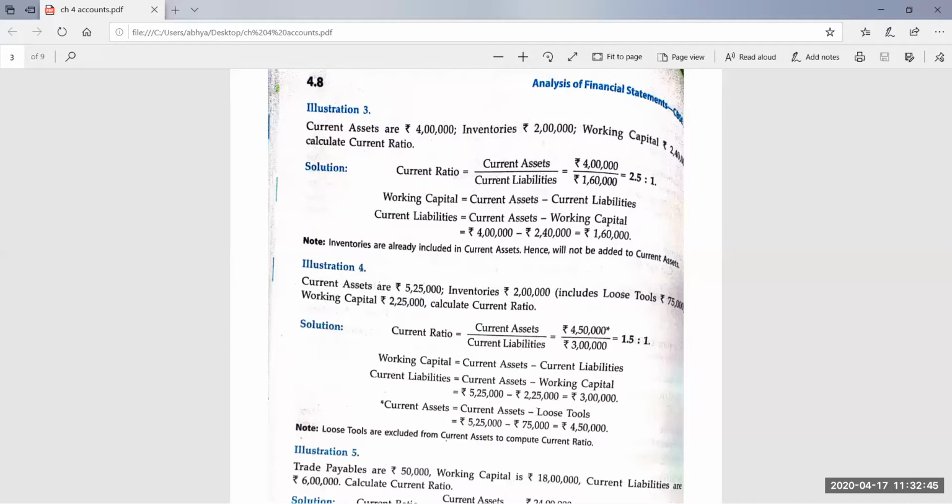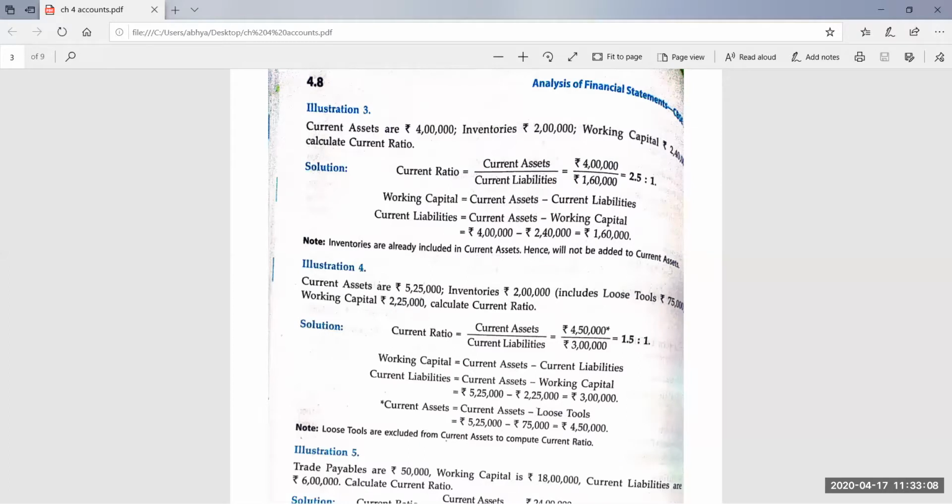Loose tools we are not going to sell in market. That's why while finding out current ratio, we will be deducting loose tools from the current assets, but not for any other thing, just to put it in the formula. While calculating current liabilities, you will be using the total of the current assets including loose tools.